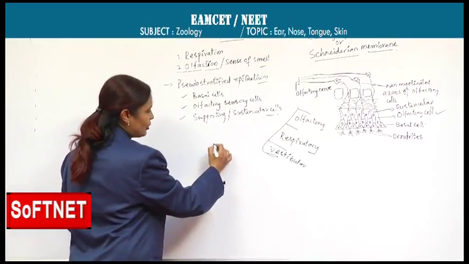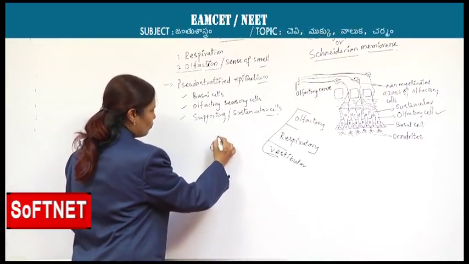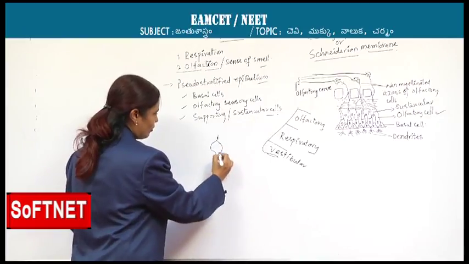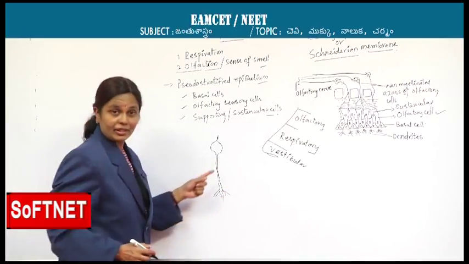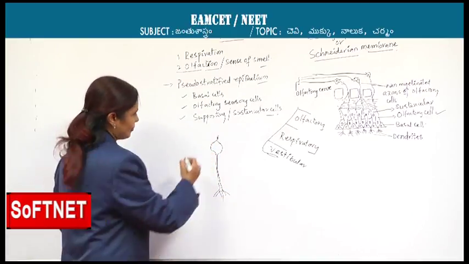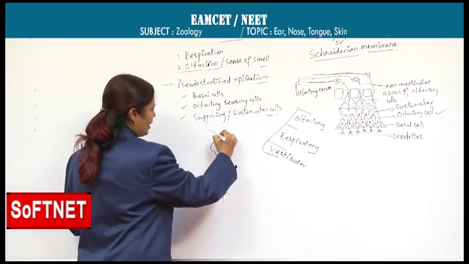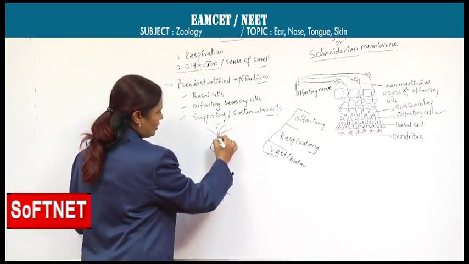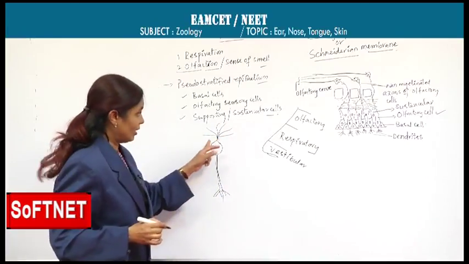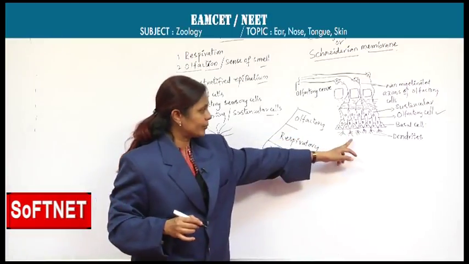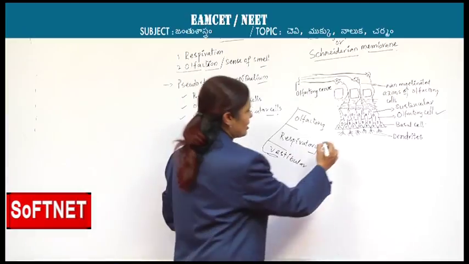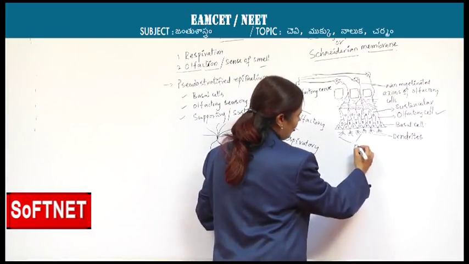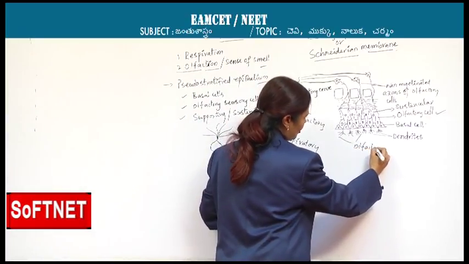A bipolar neuron is one that has one dendrite and one axon. Now, the dendrite of each olfactory sensory cell is divided into 6 to 8 branches. You call them sensory heads or olfactory heads.